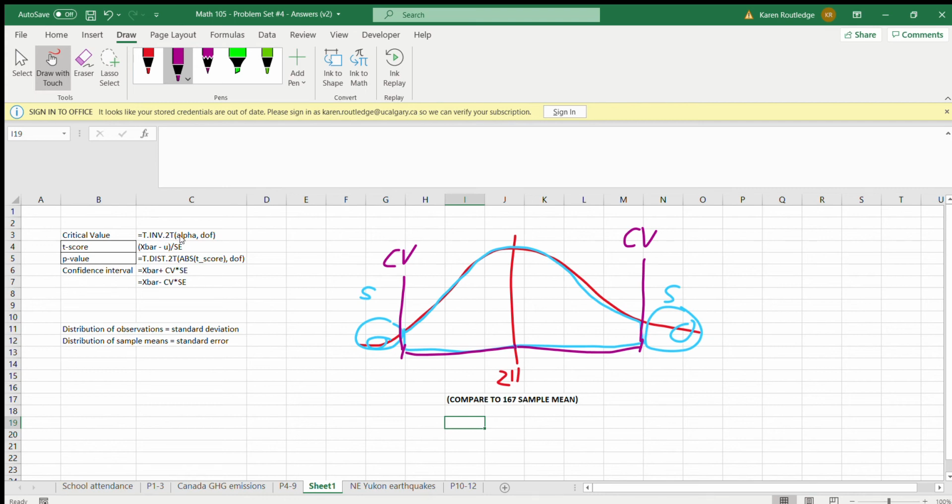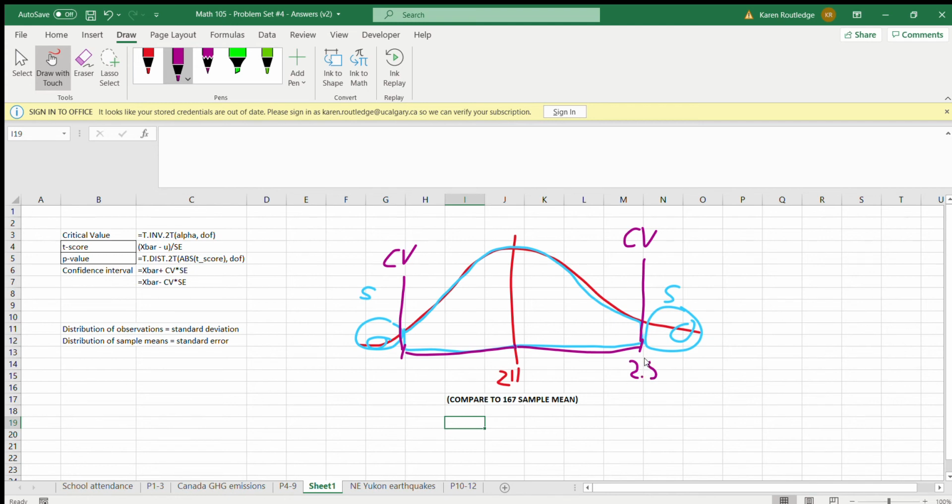For the .INV.2T function, we give it an alpha, the small number, 0.1 in this case, and the degrees of freedom. If you remember, degrees of freedom is the number of data points minus 1. So this will give us a critical value such as 2.3.